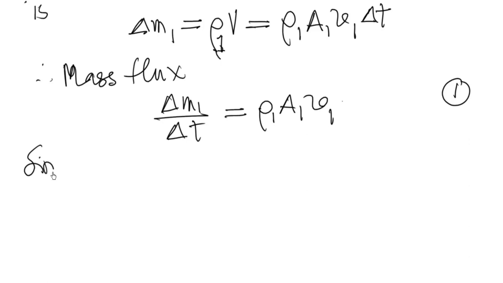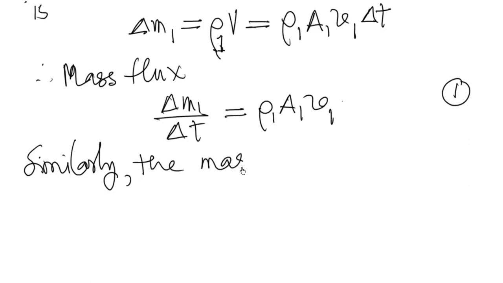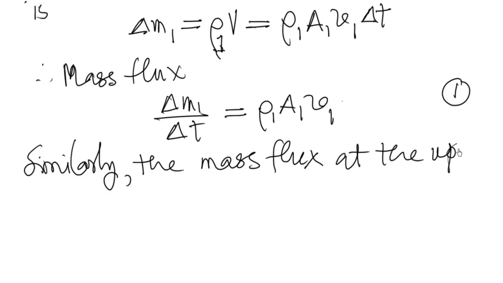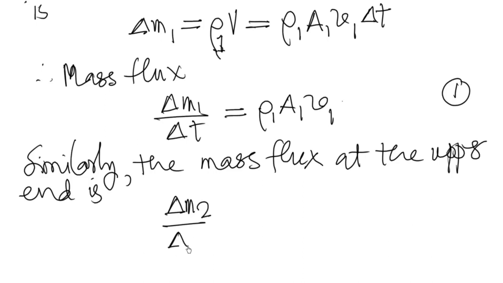Similarly, the mass flux at the exit point, that means at the upper end, is delta m2 by delta t, which will be rho 2 A2 v2.